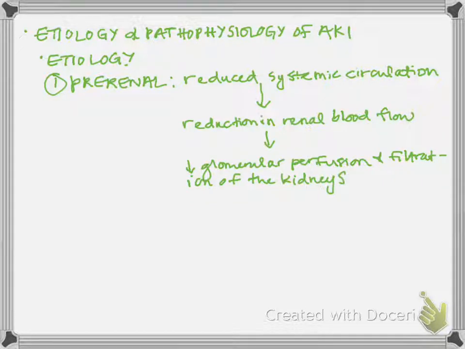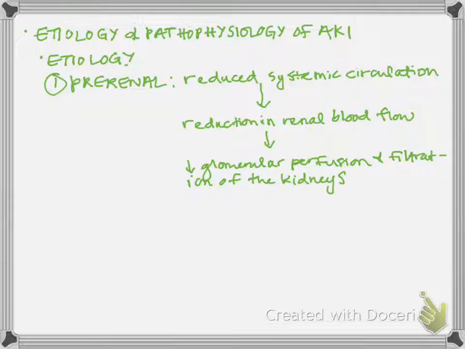This has to do with all of the anatomical structures supplying blood to the kidneys, whether it's the heart, the blood itself, or the arteries. All the things we talked about in shock, any type of shock can lead to AKI. We know that sepsis can lead to MODS.